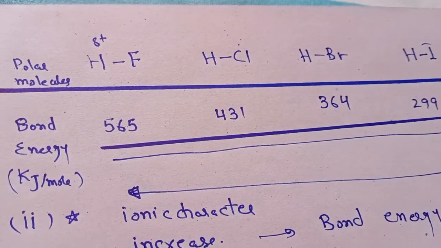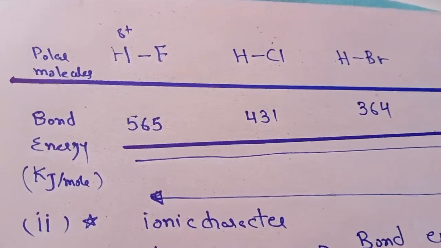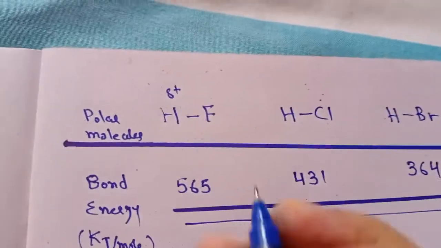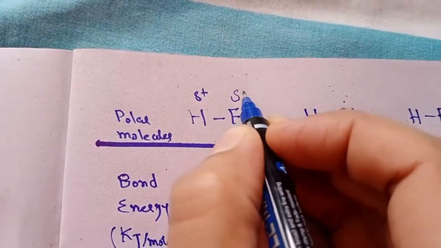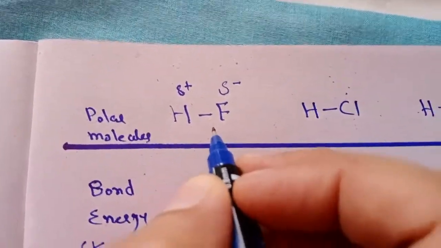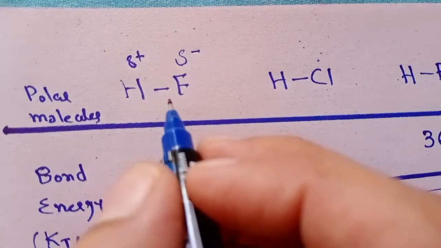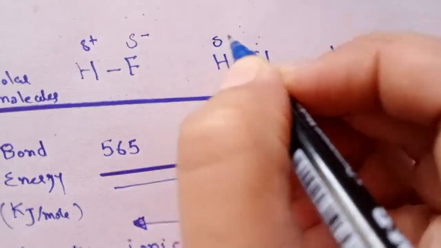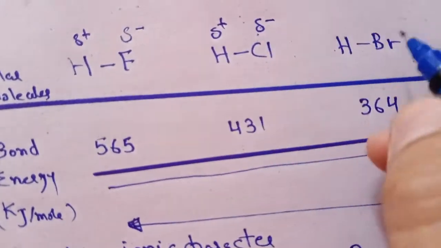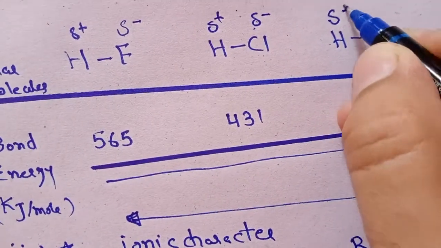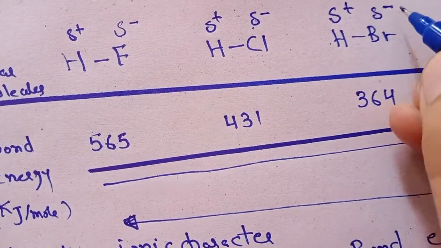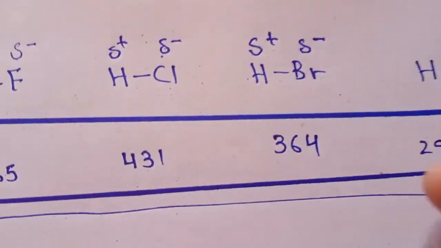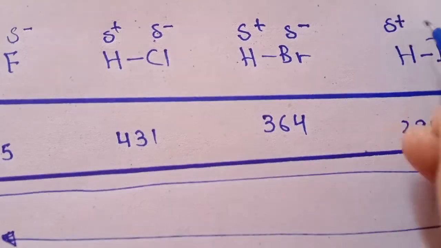Now the next point is the ionic character. We have to see which one has the higher ionic character. HF is a dipole molecule and it has a partial positive and negative charge. HBr again has partial positive and negative character, because these are all polar molecules.